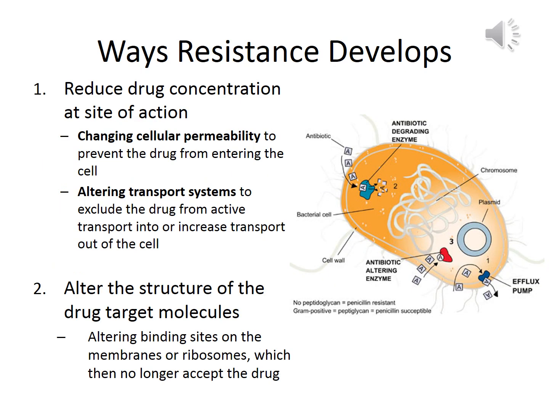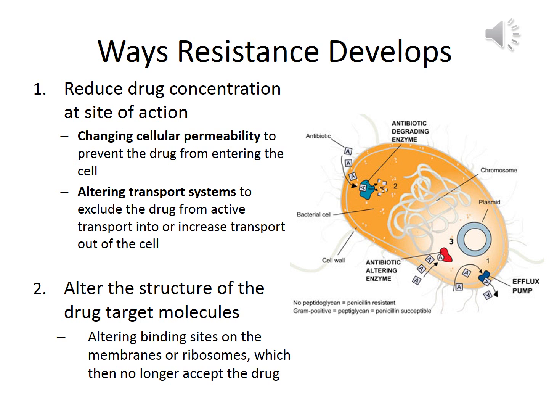All right, so the first mechanism, or first technique, or process, I should say, that these bacteria use is to really inhibit the ability of the drug to concentrate at the site of action. And so there's several techniques that bacteria use for this. One is to just alter the cellular permeability to prevent the drug from entering into the cell.